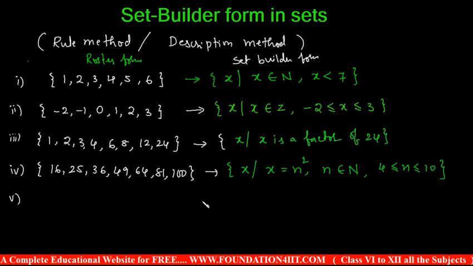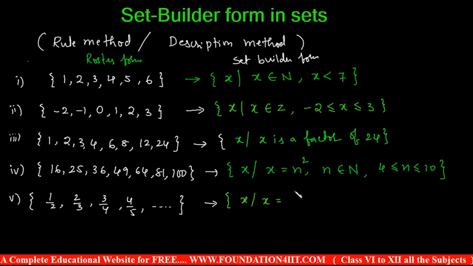Let us take fractions also. Let me show an example. 1 by 2, 2 by 3, 3 by 4, 4 by 5, and so on, with dots till infinity. We can arrange this as x such that x equals, if 1 is on top, the bottom is one extra number. 2 means 2 plus 1, 3; 3 is the numerator, 3 plus 1 is 4.